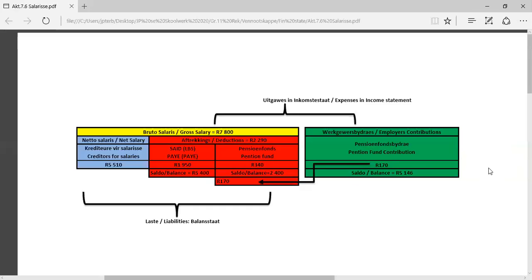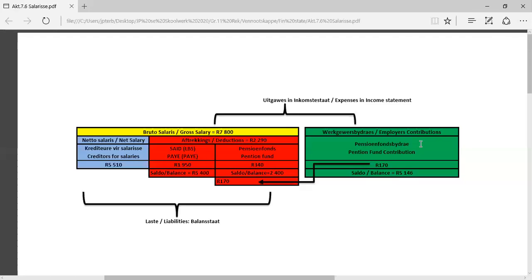Byvoorbeeld hier kan 'n mediese fonds bydrae gewees het, maar hier is nie 'n mediese fonds by die vraag eers nie. Okay, maar jy kan maar altyd onthou, jou werkgewers bydraes is uitgawes. So jy gaan dit ook in die inkomstestaat moet sit.